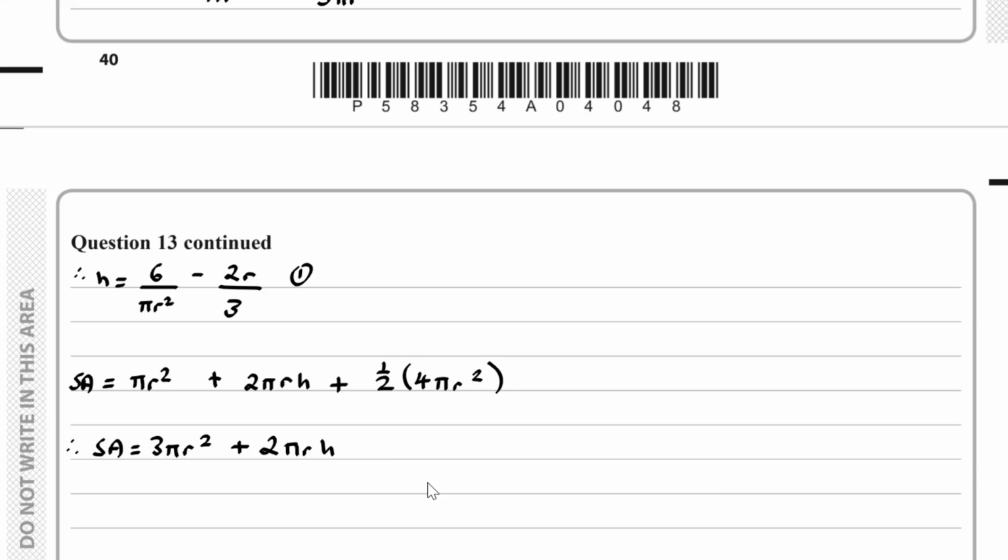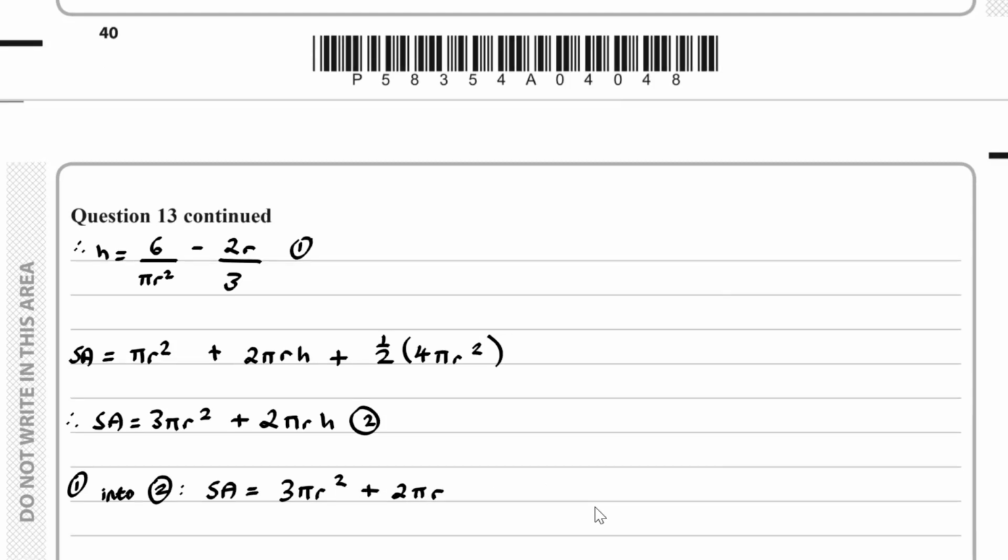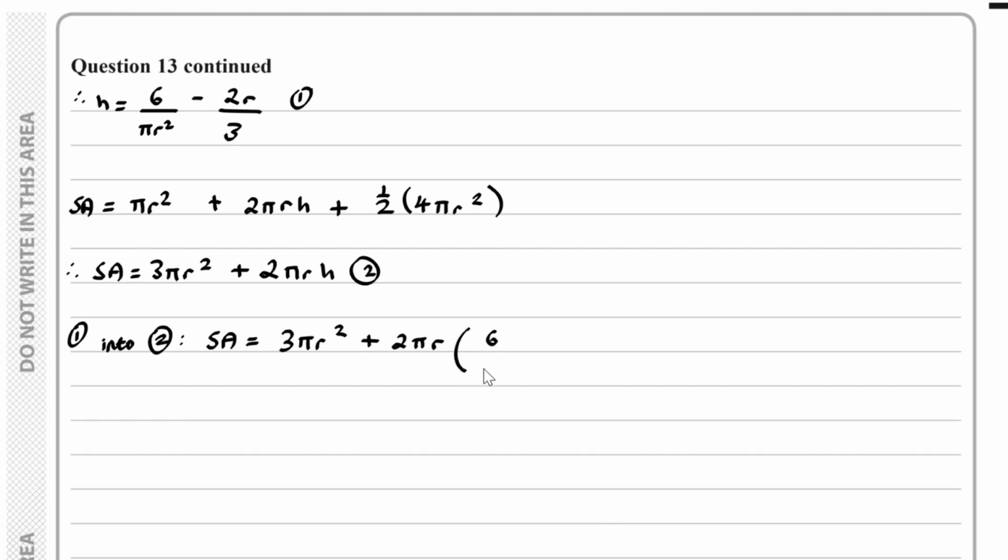If I call this equation 1 and this equation 2, substituting equation 1 into 2, the surface area is given by 3 pi r squared plus 2 pi r h. h we already know, that's 6 over pi r squared minus 2r over 3.